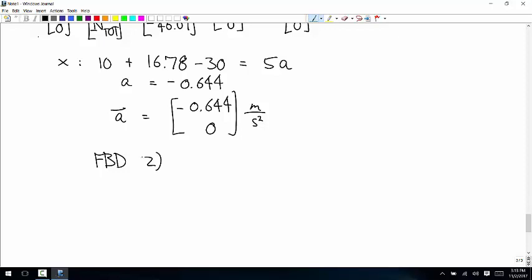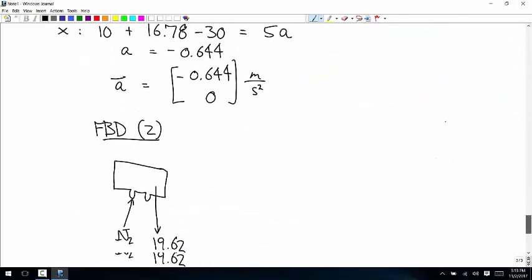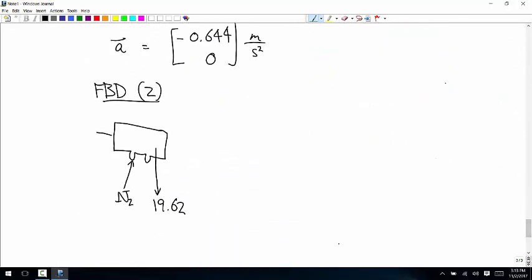So a free body diagram of the 2. There's a weight force of 19.62. There's a normal force, I'll call that N2. There's a 10 Newton force.